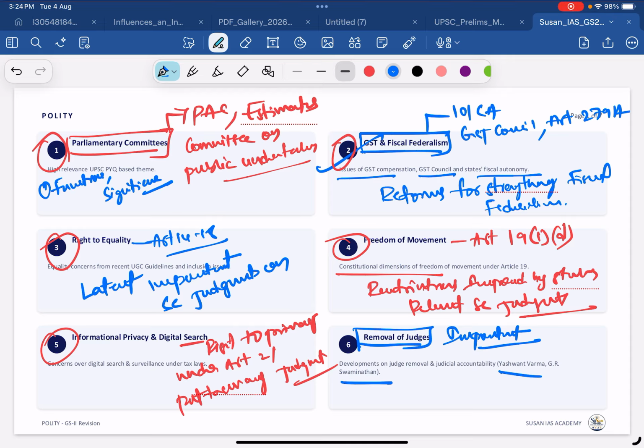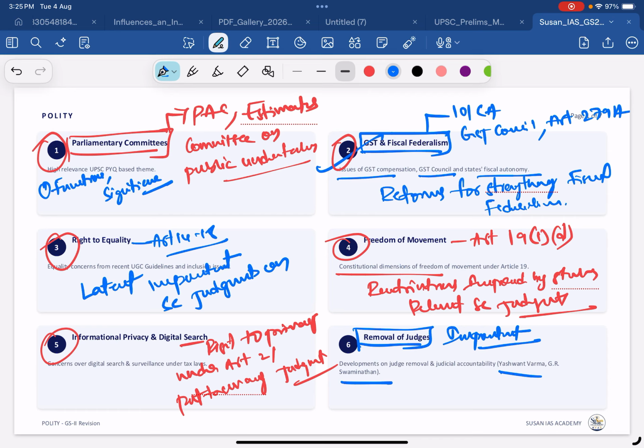He is a judge of the Delhi High Court, and some amount of money was found at his home, and later it was circulated virally in the media, and then he was transferred to Allahabad High Court, and after that he resigned by himself. Even though he has resigned, that inquiry is still going on now. So this removal of judges topic is very important for you.